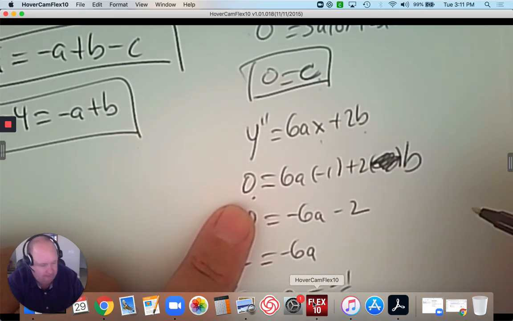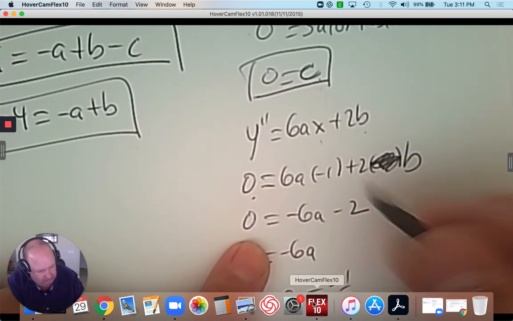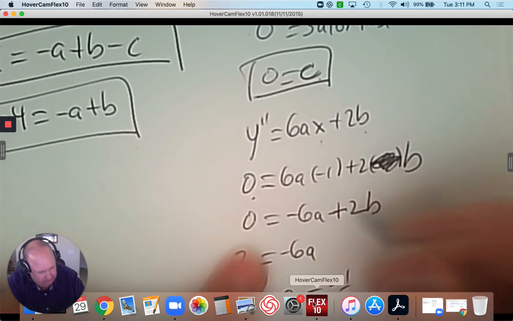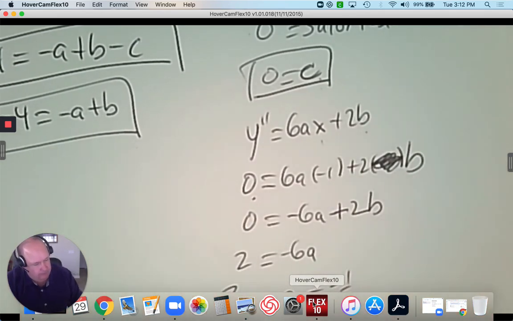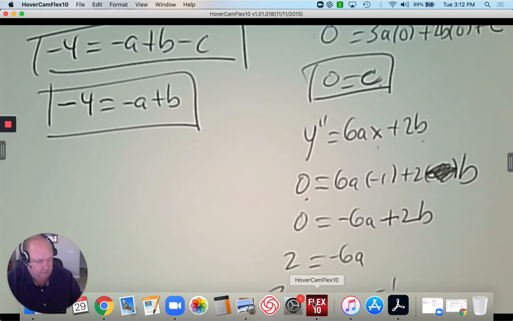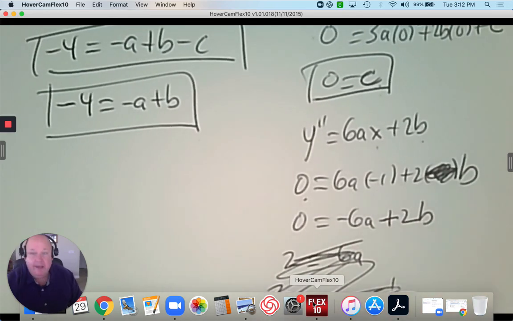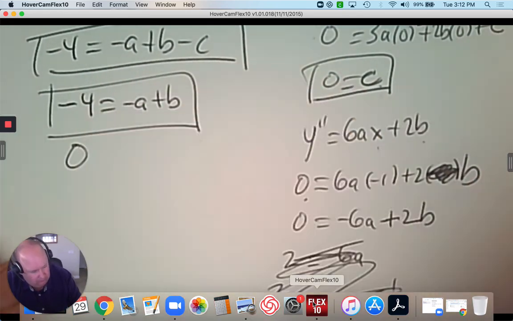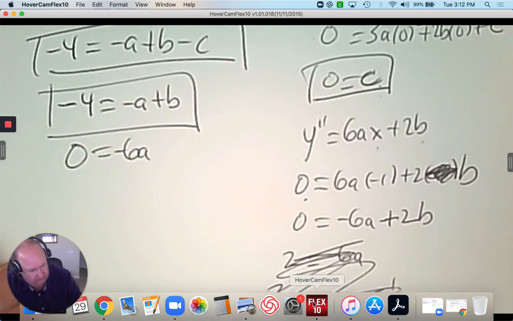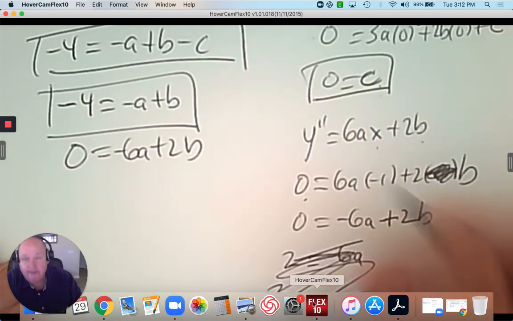That was just a b. So I have negative 6a plus 2b is equal to 0. Ignore this. Now we can come back here. So 0 is equal to negative 6a plus 2b.